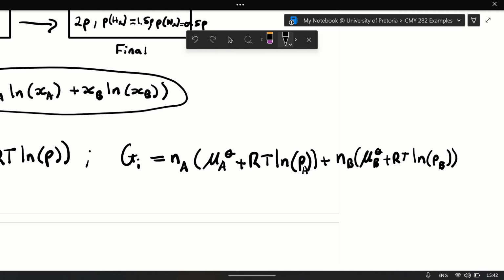Alright, so this is how we can calculate the initial Gibbs energy of our situation.